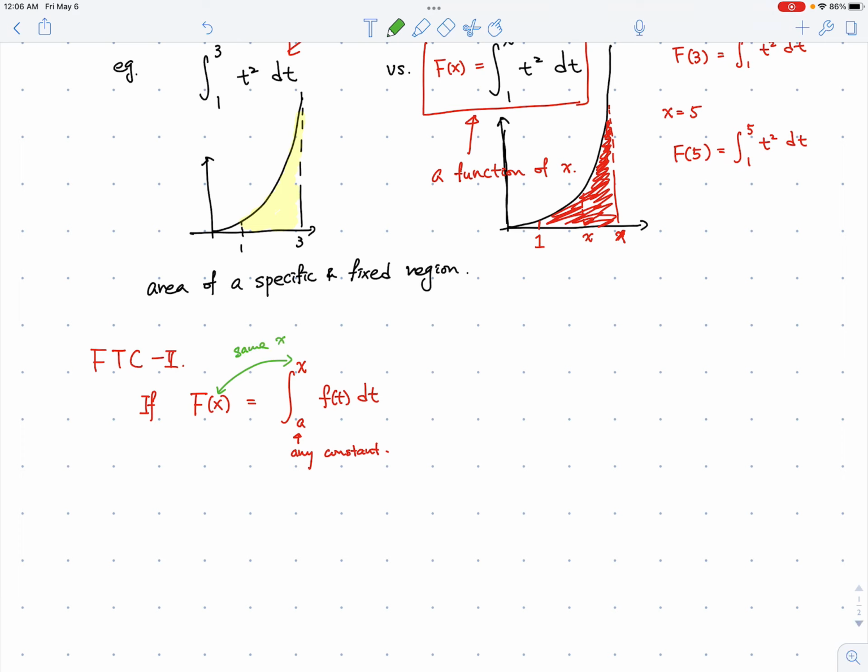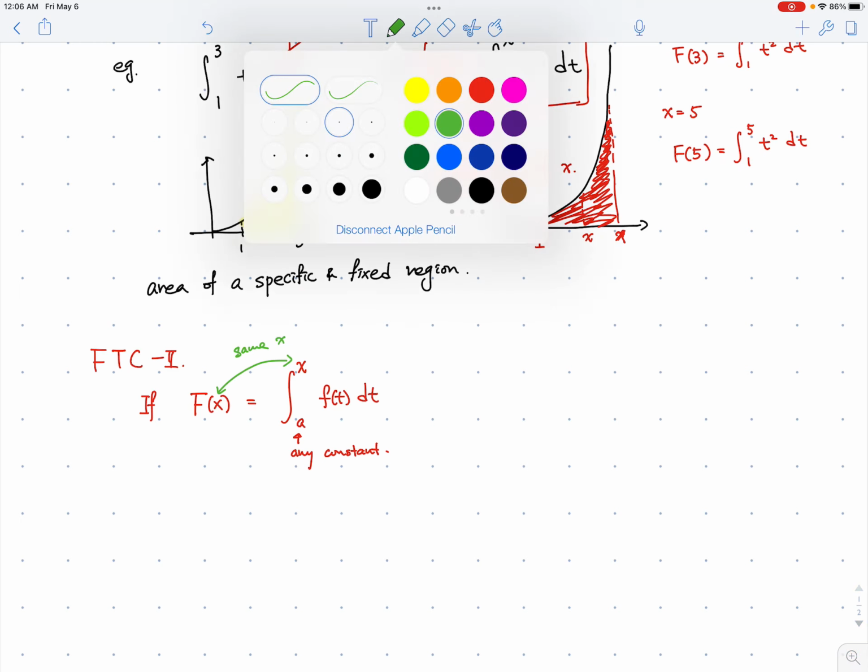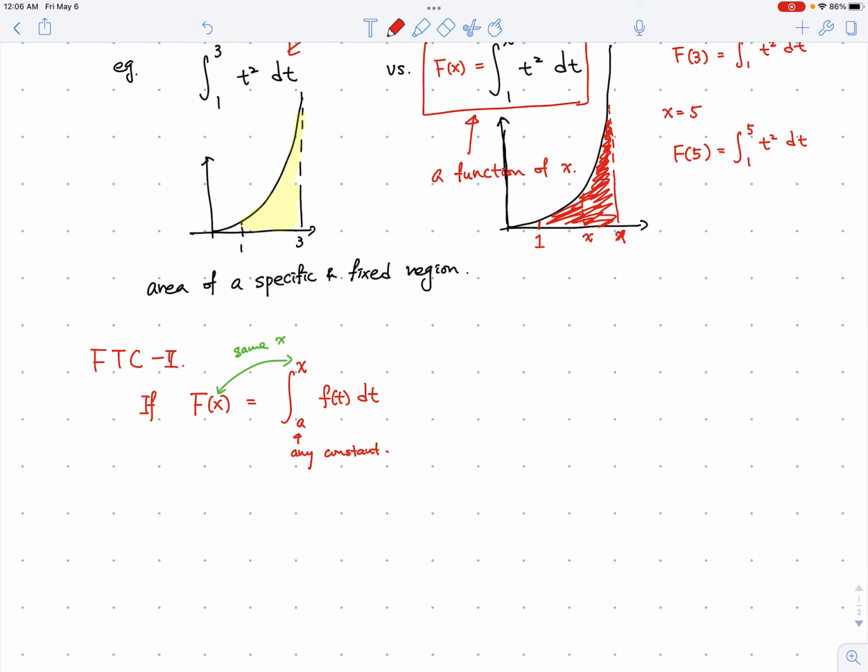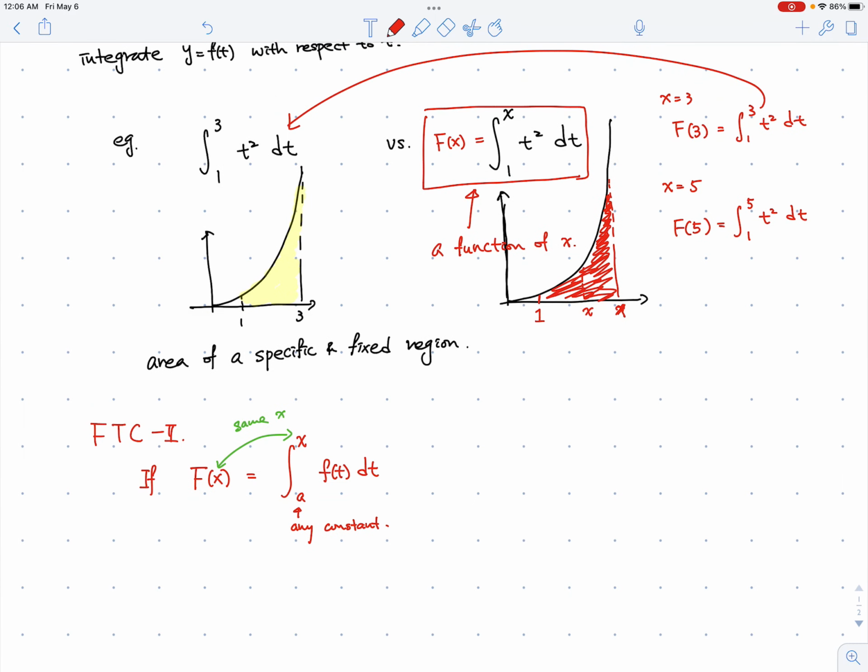So you wait for your user to tell you what x value they want, and then you put that value into the integral. If you have a function defined this way, like the one we have here, a is equal to 1 and f of t is equal to t squared, and x is on the top. It's very important that x should be on the top.